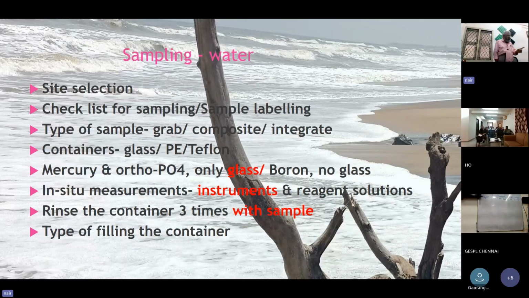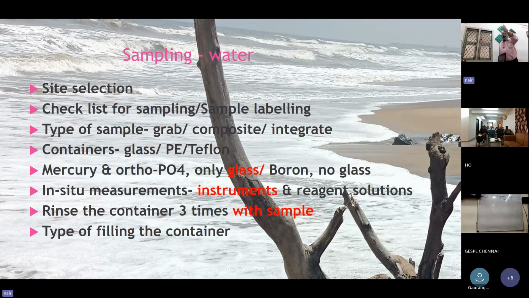So you have to decide what type of sample you have to collect, whether grab sample is enough, composite sample or integrated. Suppose you have well water, you are collecting, that grab sample is enough. So you have to decide from where you are collecting, the nature of the source, and then decide grab, composite or integrated.